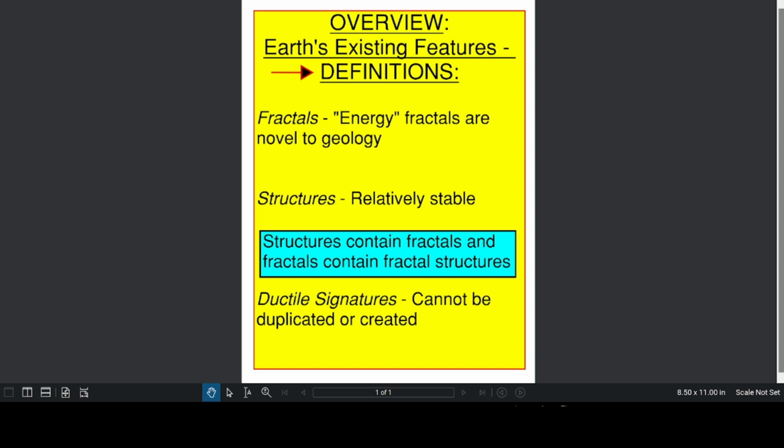Okay, and then the other type of energy fractal is one where you see the structure of Rodinia, which is an interference refold structure. And it eventually subdivided into the continents after the Canadian asteroid impact, which I discussed in this presentation.